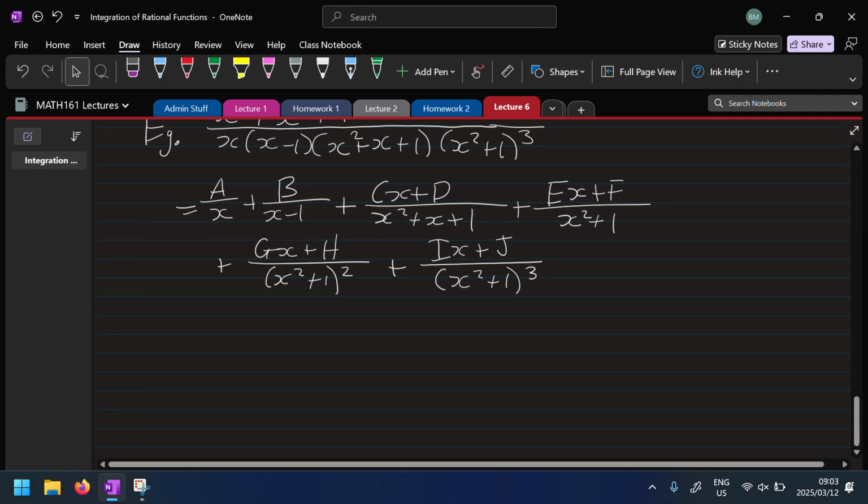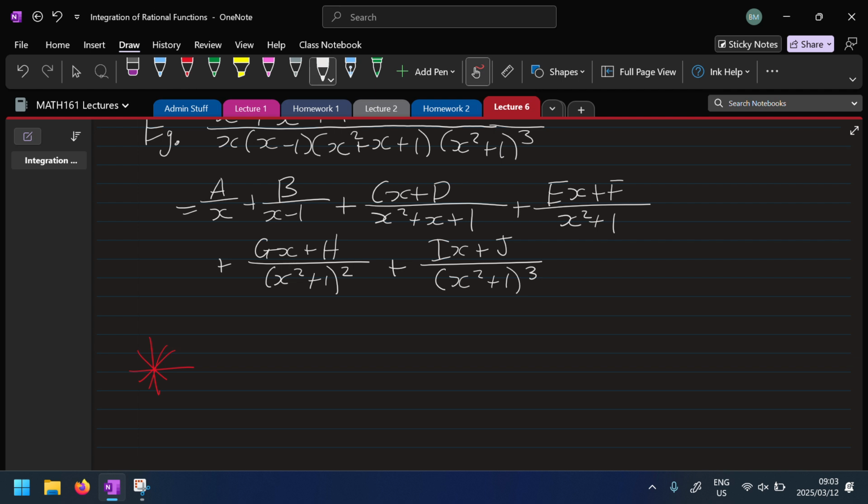Okay. Now we need to put a big star here. All of this only works if the degree of the numerator is less than the degree of the denominator. So a big star there. The degree of p must be less, not less than or equal to, must be less than the degree of the denominator.